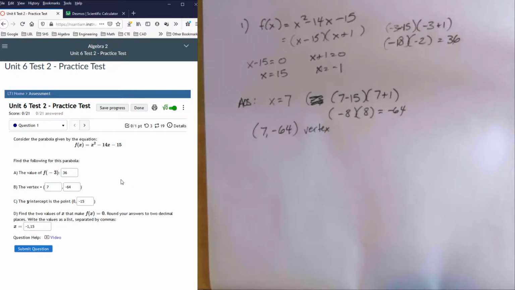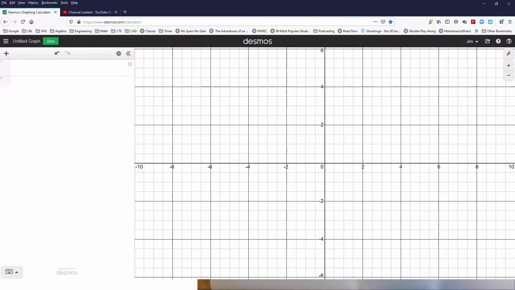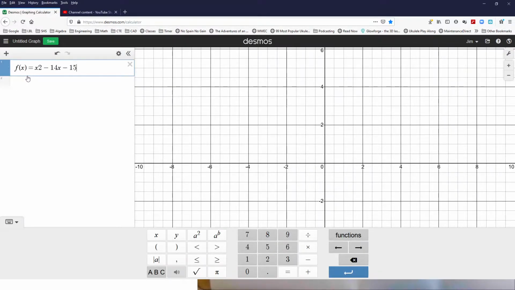Okay. Now, the other way to do this is just to simply take this equation and put it into a graphing calculator and look up the answer. So if I copy this and I switch over to Desmos, I can paste this function in. I need to change that to a squared.